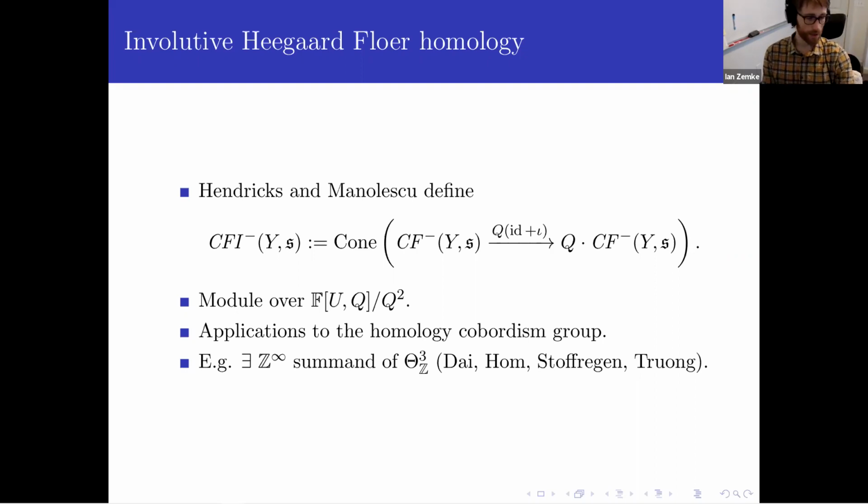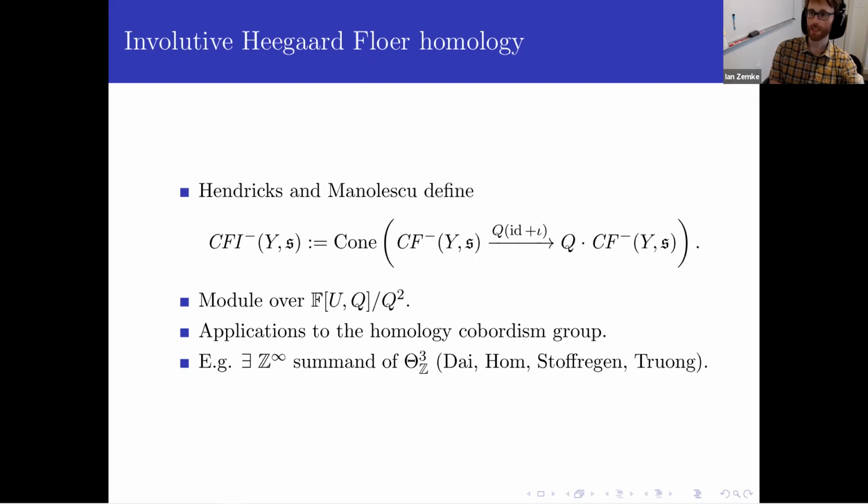That's due to Fintushel and Stern and Furuta independently from about 1990, so 30 years ago or so. So it's a difference between a subgroup and a summand. Depending on your views on algebra, this is either a great step forward or just, what is the difference between a summand and a subgroup?